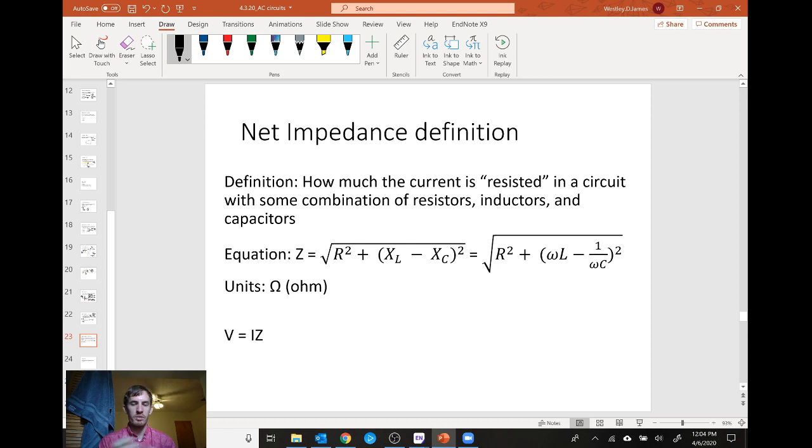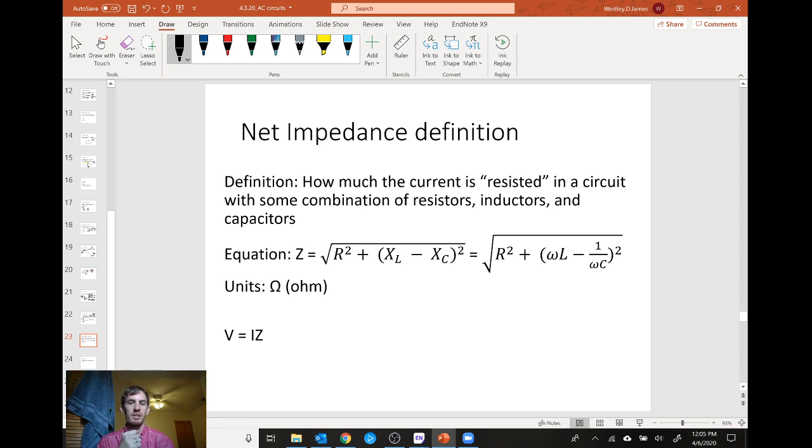And that's going to show up, this next slide is still impedance. It's how much current is resisted in a circuit which has some combination of resistors, inductors, and capacitors. See here, the voltage equals I times Z, which is just like V equals I times R. Because we're working with AC and we saw that inductors and capacitors actually oppose the current in these circuits, we now have to account for them, and this is how we do so.